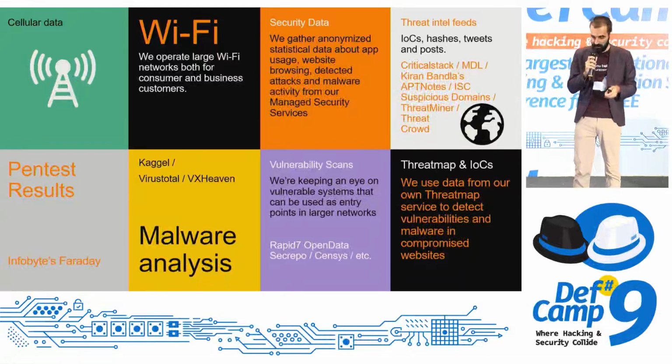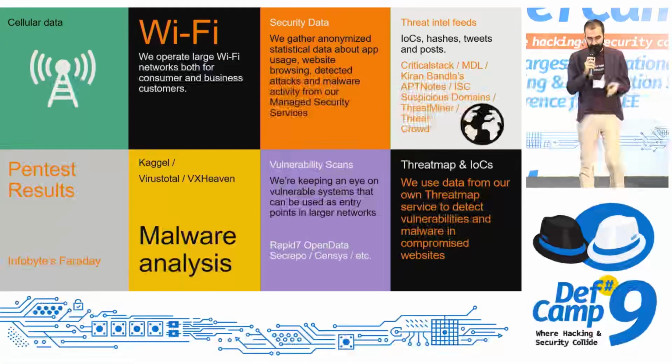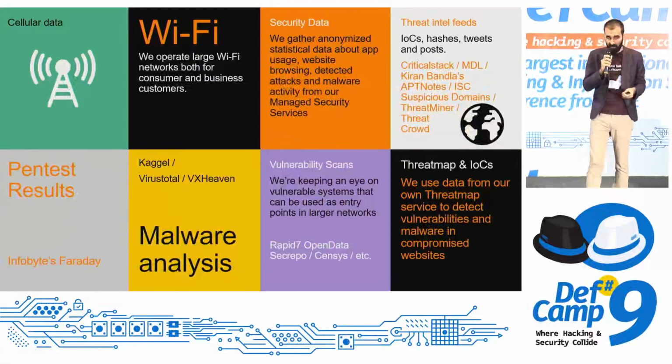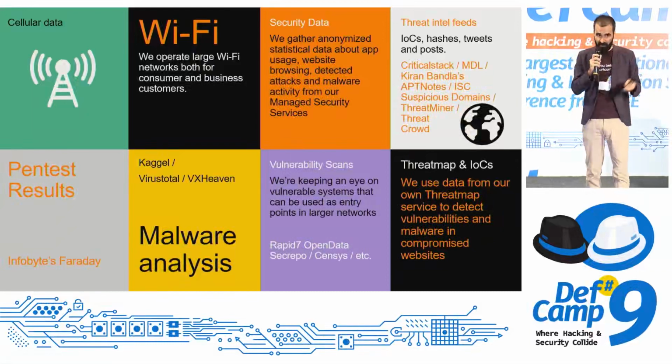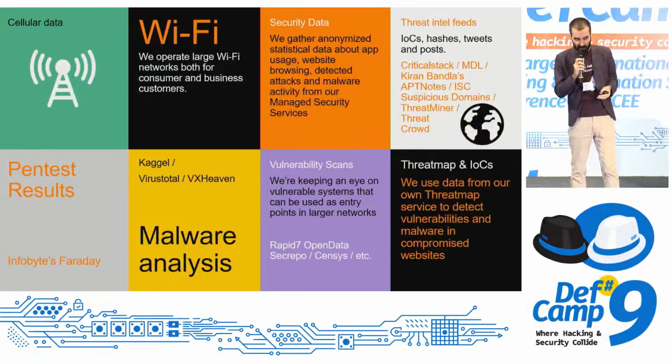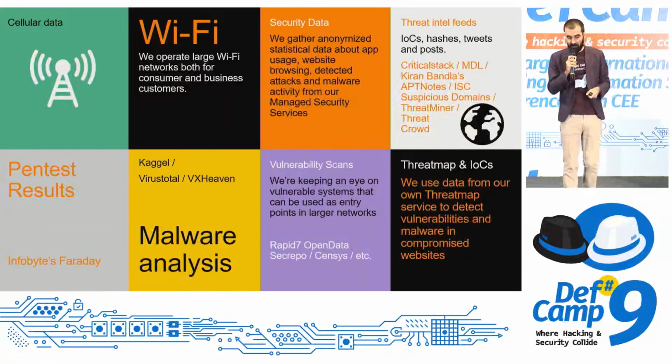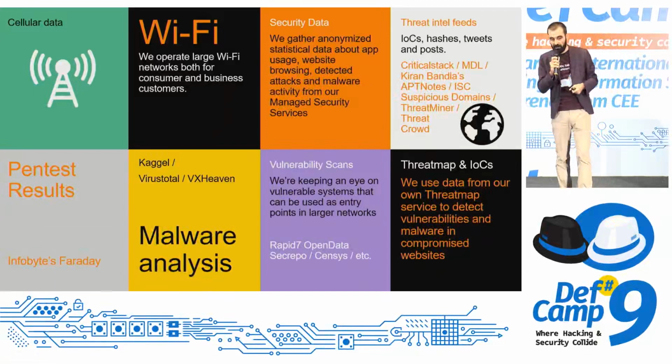I recommend you go ahead and use it. IIC suspicious domains, ThreatMiner and ThreatCrowd, Kaggle, VirusTotal, VXHaven. We even try to ingest Faraday reports from our pen tests, which we run both internally and externally. We use SecRepo and Census and Rapid7 open data for vulnerability scans.